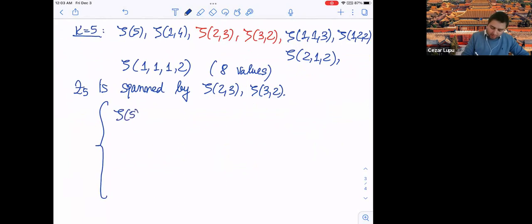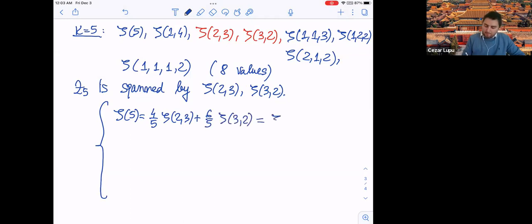Zeta of 5. And as we go along and prove some other more general results, you will see that this will follow immediately. So zeta of 5 can be expressed as this: 4 over 5 zeta of 2, 3, plus 6 over 5 zeta of 3, 2.